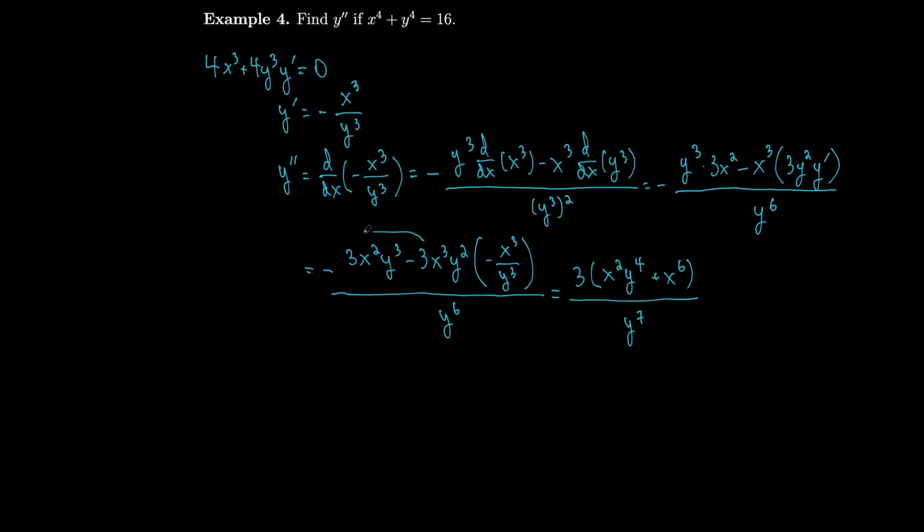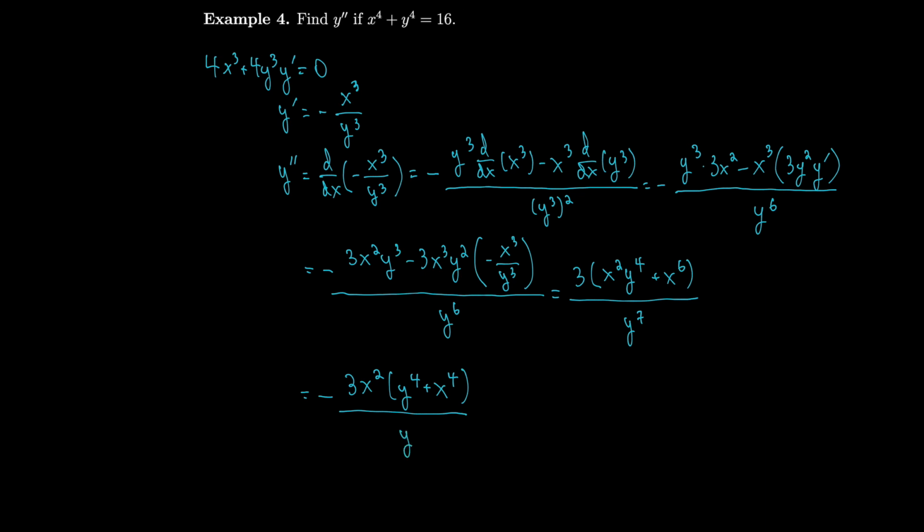And notice I also factored out 3. Okay, so almost done. This becomes minus 3x squared times y to the 4th plus x to the 4th, because we can factor out an x squared.